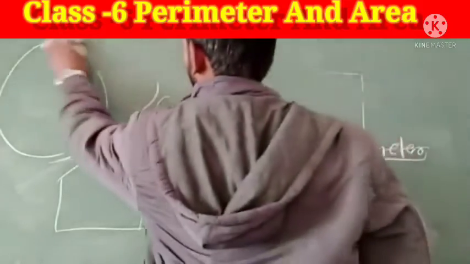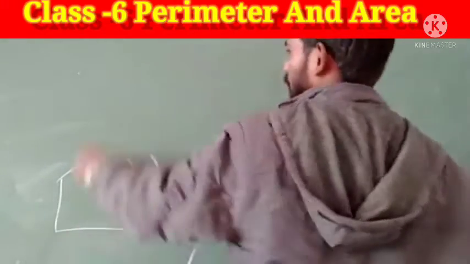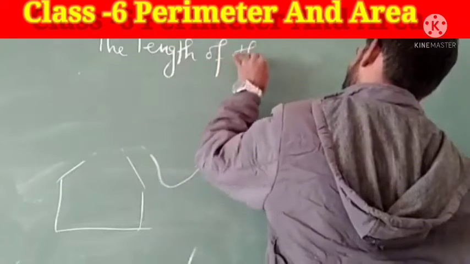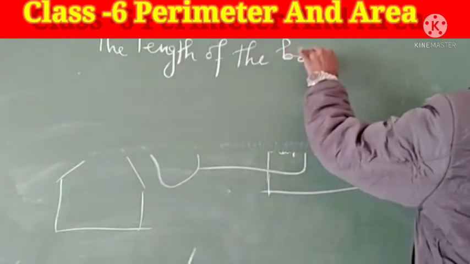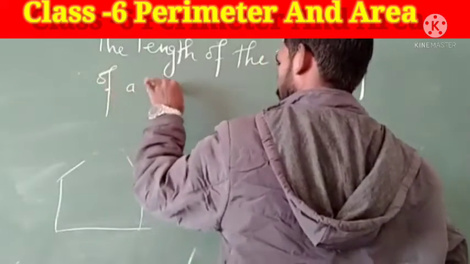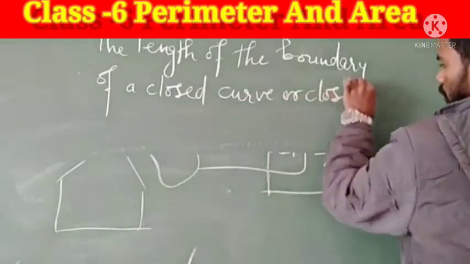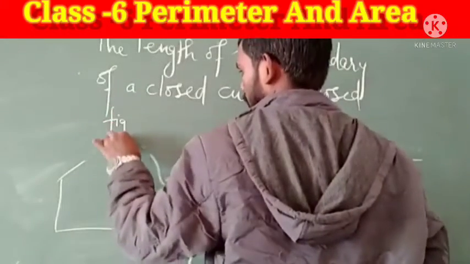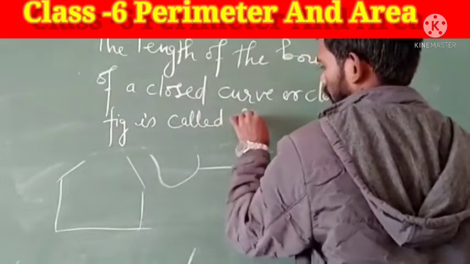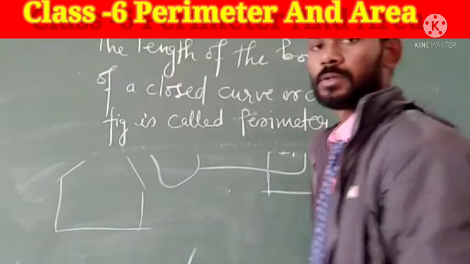The total length of the boundary of a closed curve or closed figure is called perimeter.